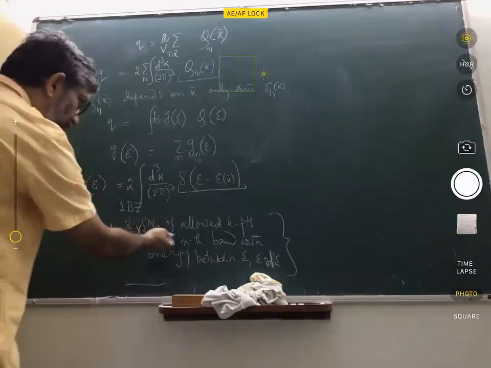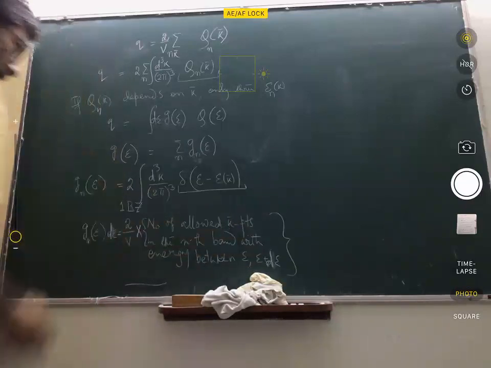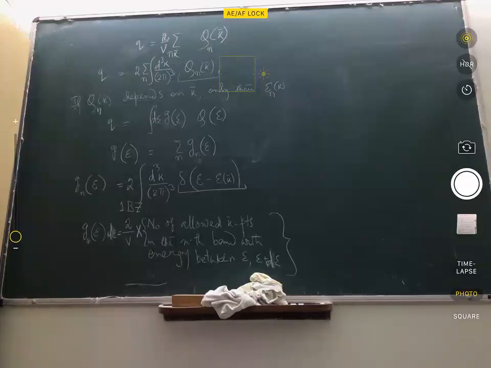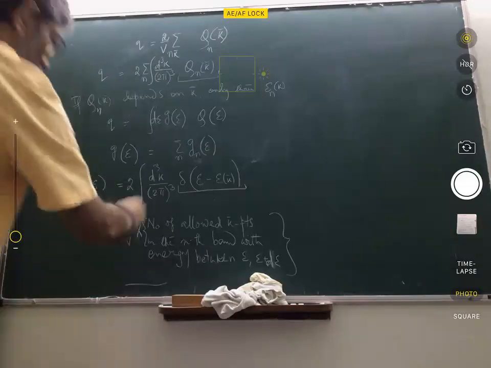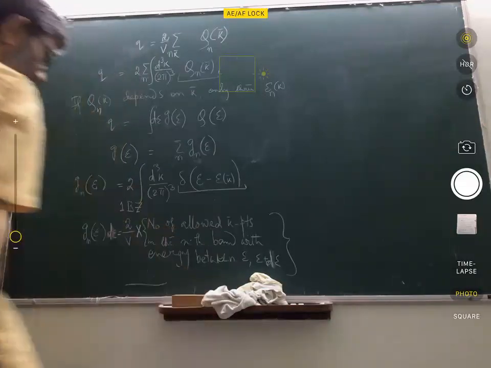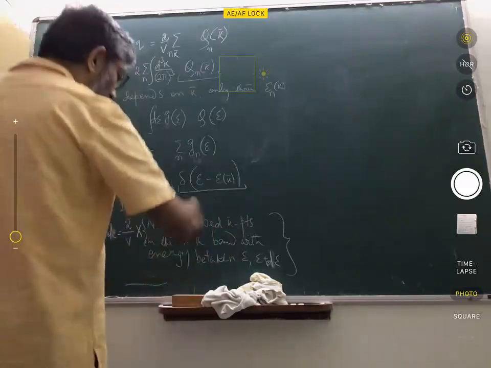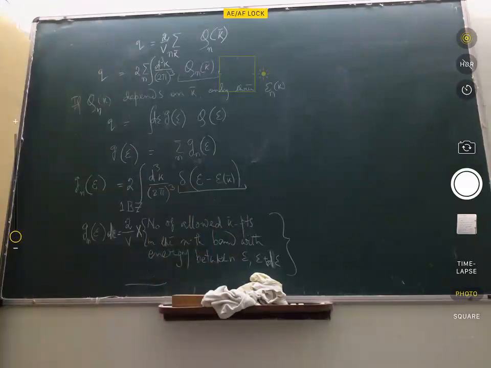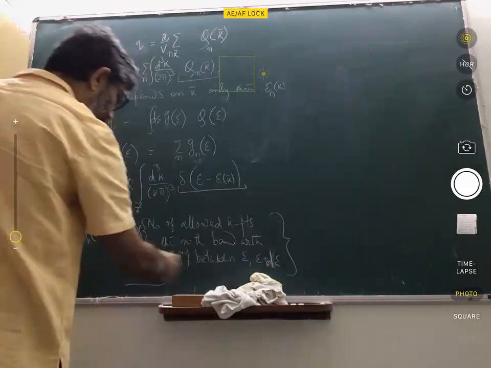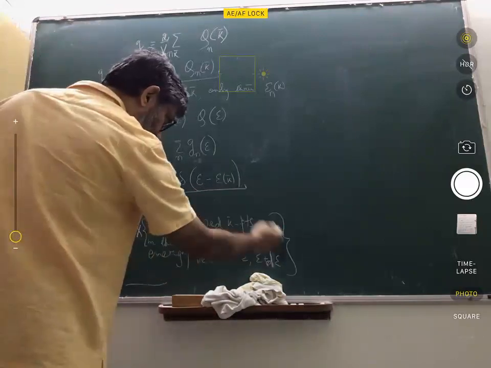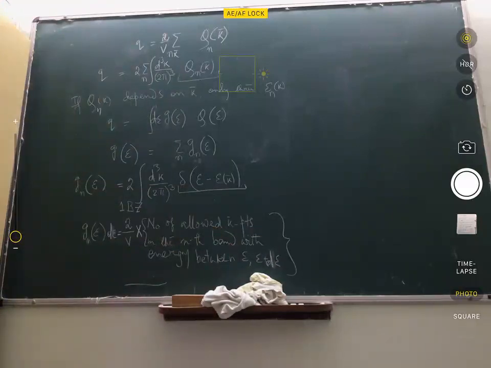Now, what is the number of allowed k points in the nth band with this energy? It is the volume of the reciprocal space between these energies divided by the volume per k point in the reciprocal space.